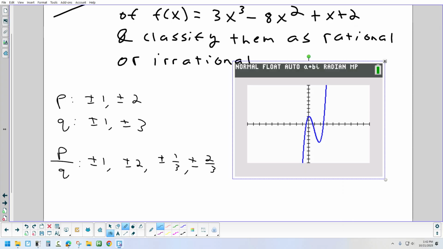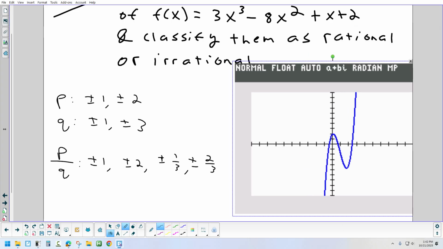Which answers in that list seem reasonable? Yeah, 2/3. Could be 2/3. I would agree with that one. Any other numbers in that list that look reasonable? We don't know if they are, but negative 1/3. I'd say it could be negative 1/3.